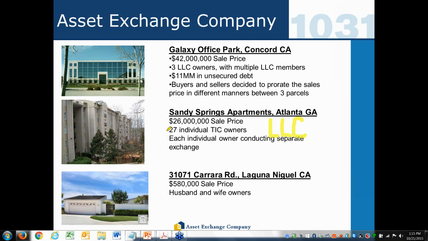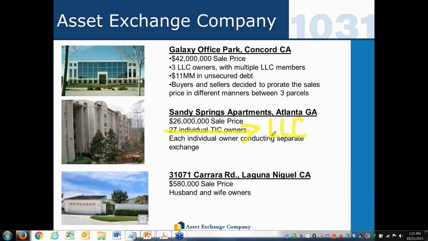And instead of going on title as 27 individuals, we will form an LLC, and that LLC will be the owner of the property." Now, people do this for a variety of reasons. Number one is to maintain or get some type of liability protection. You form a limited liability company, and that LLC takes title and provides an additional level of liability protection. So a lot of our big investors will do that.